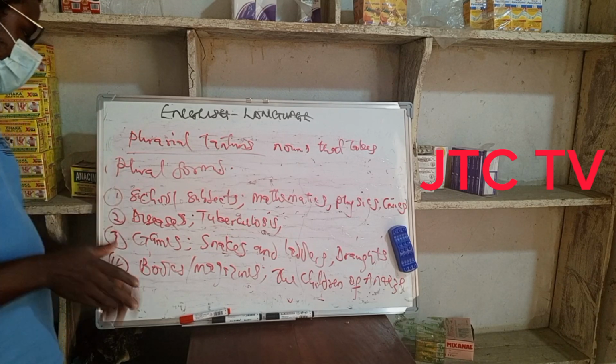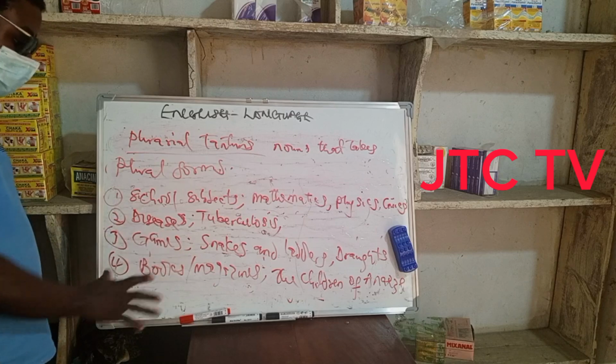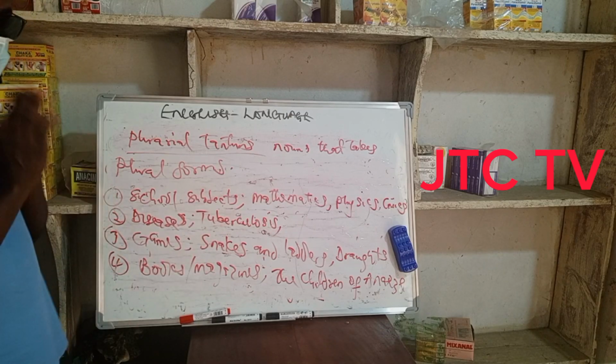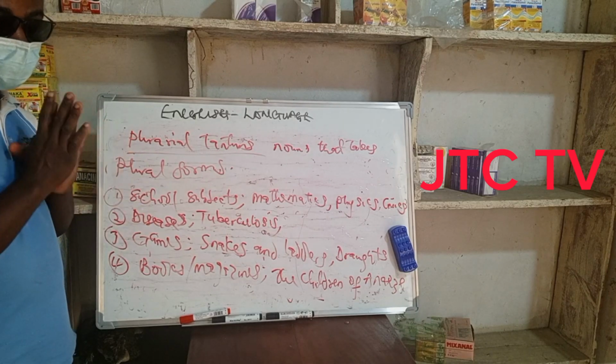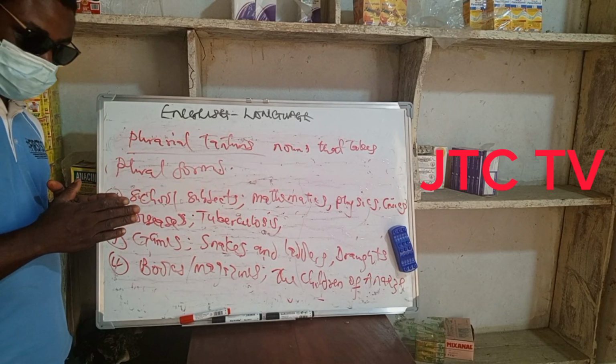I don't know if you're getting me. School subjects, diseases, games, books or magazines, they take singular verbs. They don't take the plural forms of the verb. I believe you understood this.